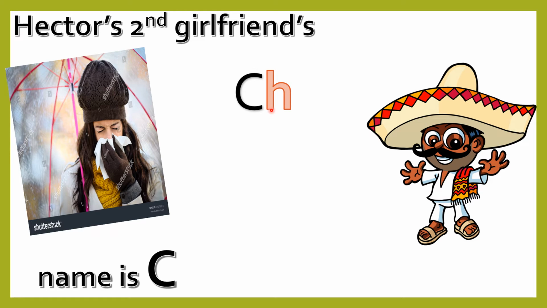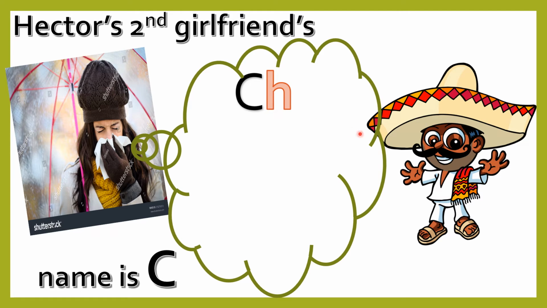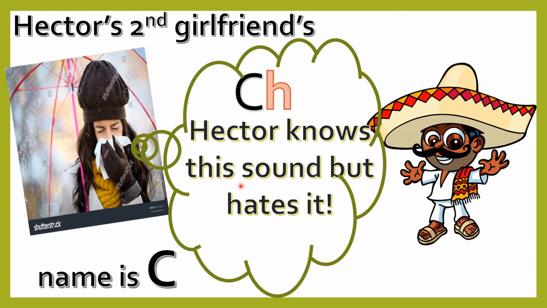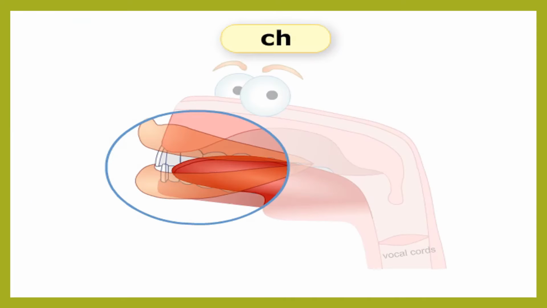Maybe she has allergies. She's allergic to Hector. Oh, and Hector, every time he's with her, she just goes ch, ch, ch, always sneezing. Hector knows this sound and hates it. Have you ever had a girlfriend who has allergies and runny noses? Oh, hard to kiss her when she has a runny nose. Oh, it's a problem.